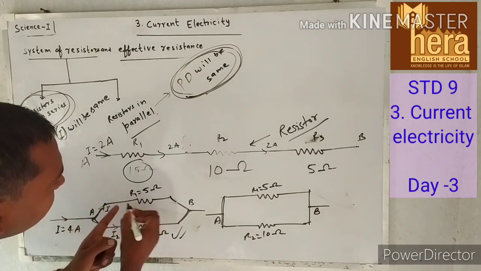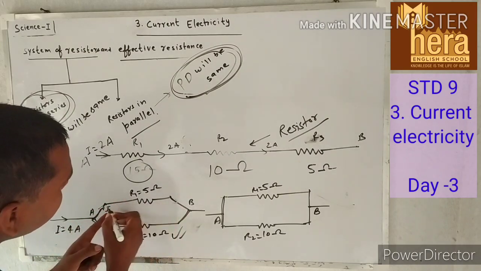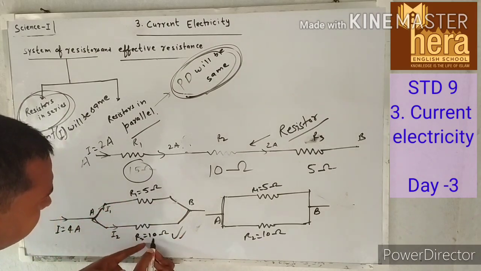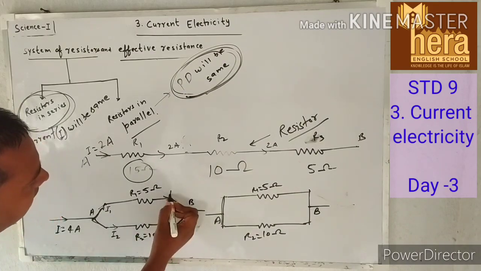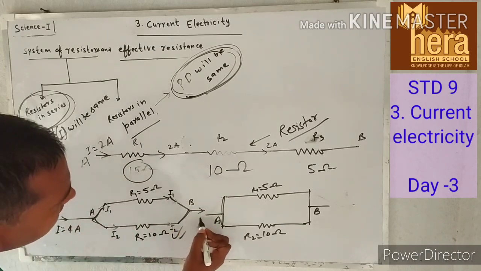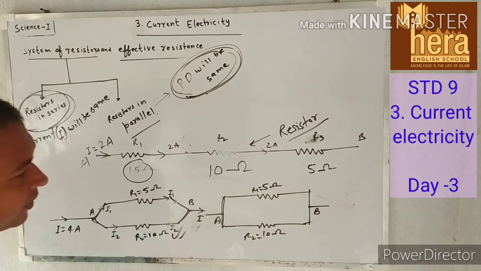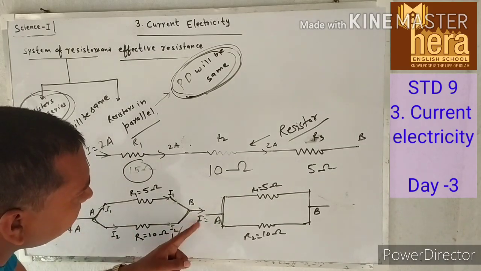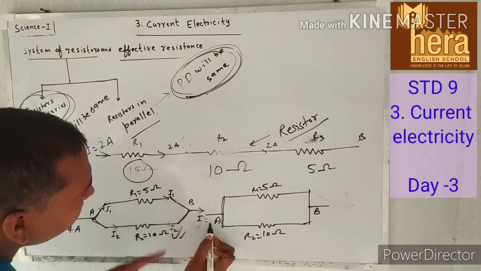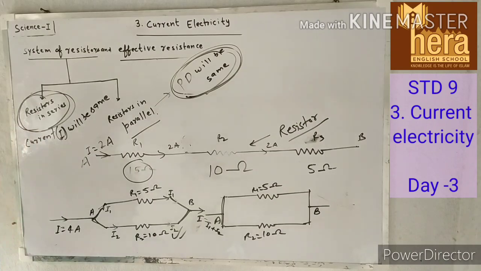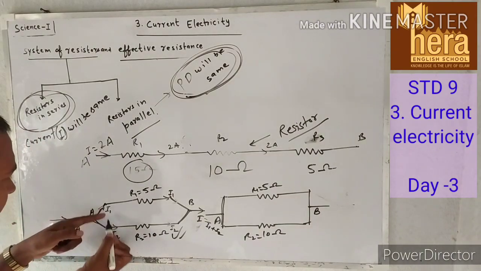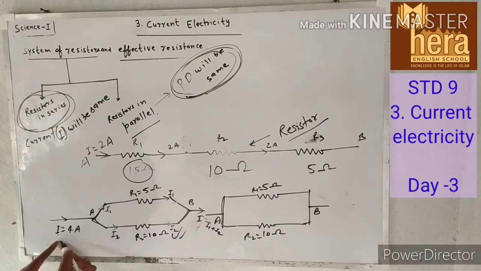In this resistance current I1 is flowing, and in this resistance current I2 is flowing. Here again this will be I. It means I will be equal to I1 plus I2. If you add I1 plus I2, you will get I.